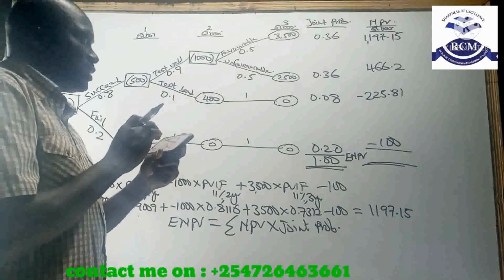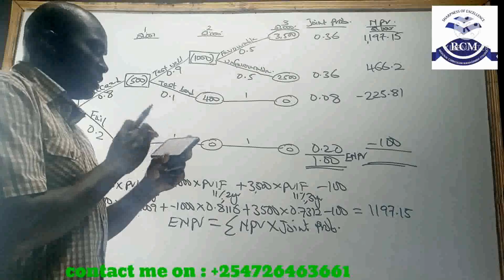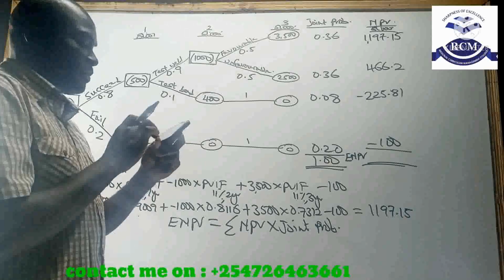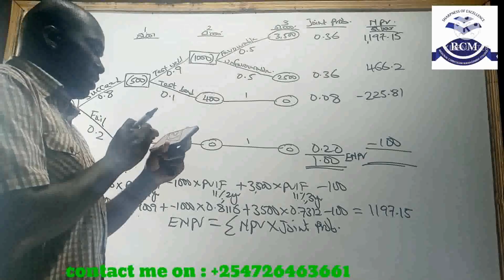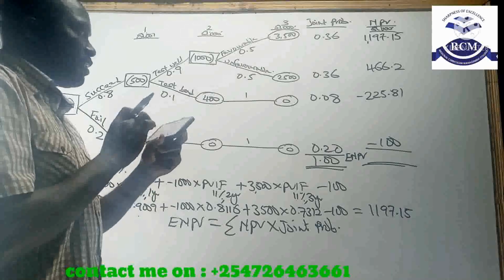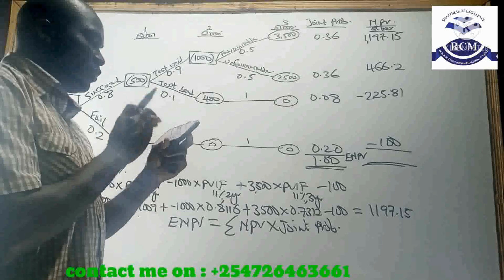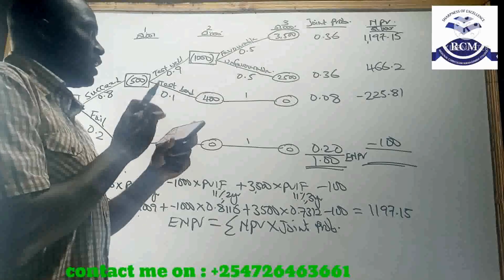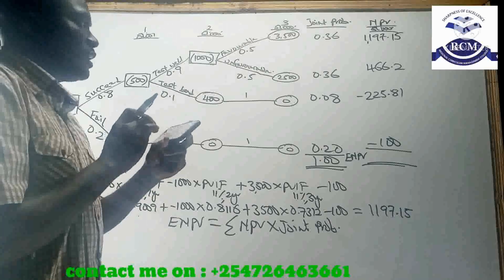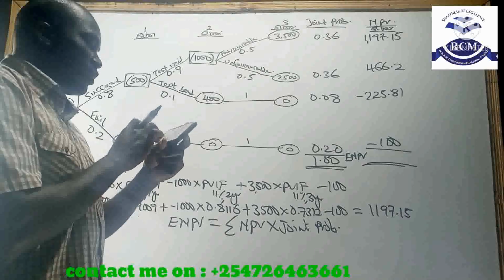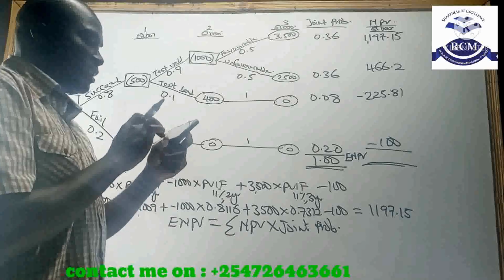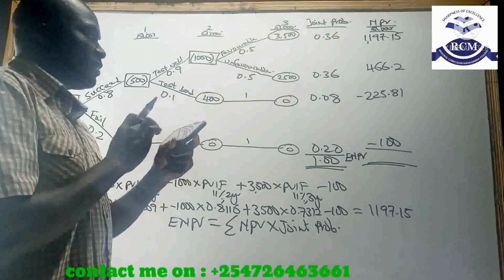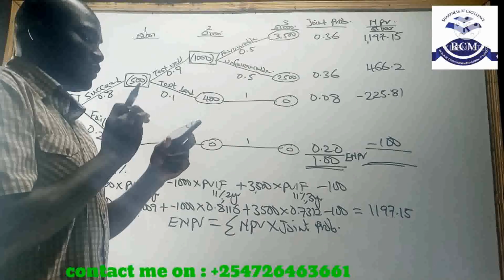So we are having 0.36 times 1197.15 plus 0.36 times 466.2 plus 0.08 times negative 225.81 plus 0.20 times negative 100.